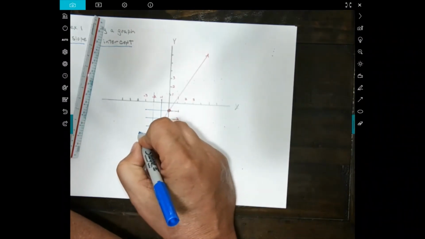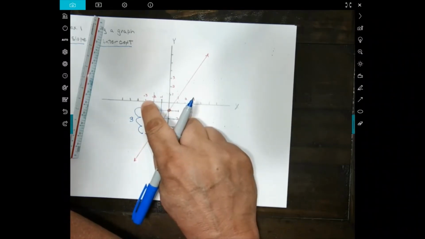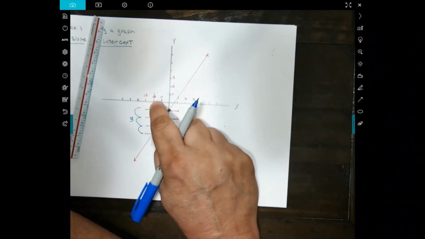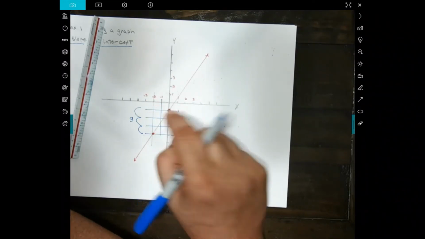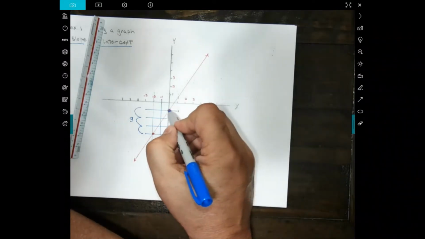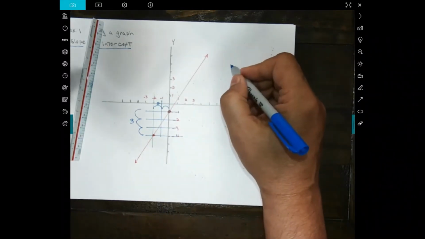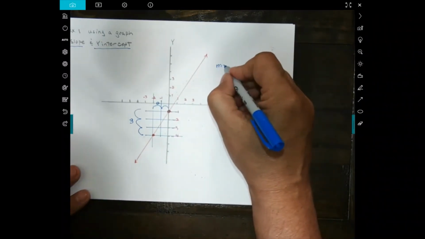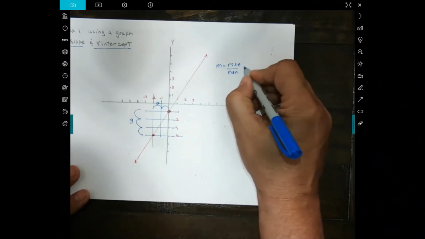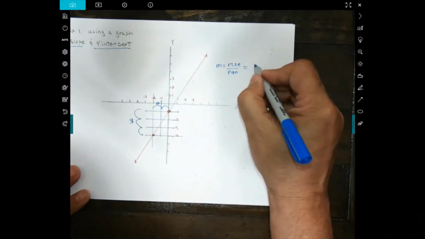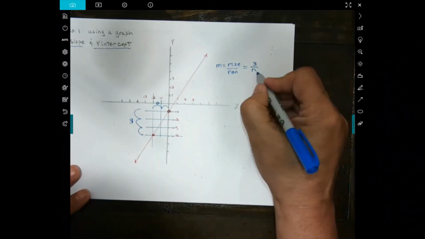Starting here, it went up 1, 2, 3. It went up 3 units. Now, always be careful and check your units. These are counting by 1. They might count by 2s, 20s, or any such combination. But it went up 3, and it went over 1, 2, 2. So we remember that our slope, m, equals the rise over the run, and that's equal to 3 up and down over 2 left and right.